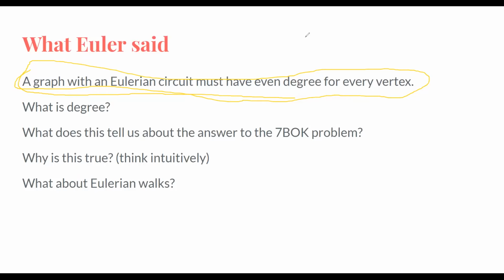All right, so now we've talked about Eulerian circuits. What about Eulerian walks? So first of all, does someone want to tell us the difference between an Eulerian circuit and an Eulerian walk? Rose? For an Eulerian walk, you don't have to go back to the spot you started with.